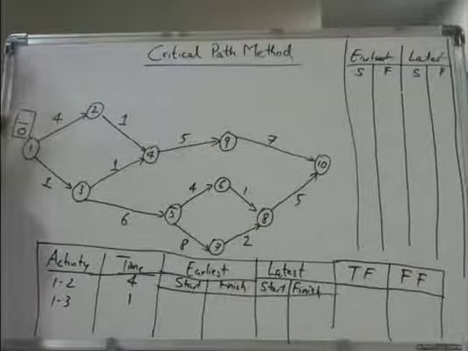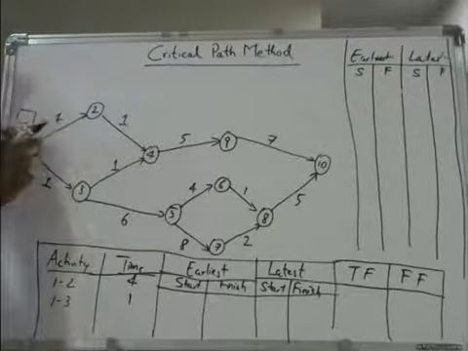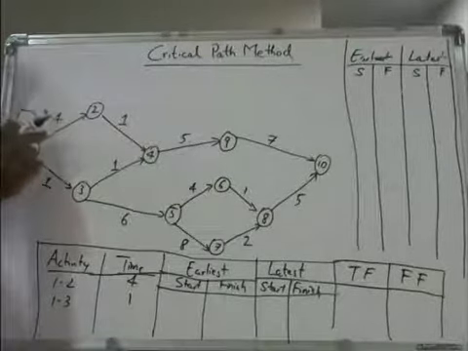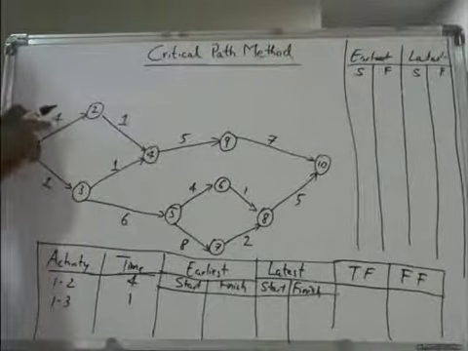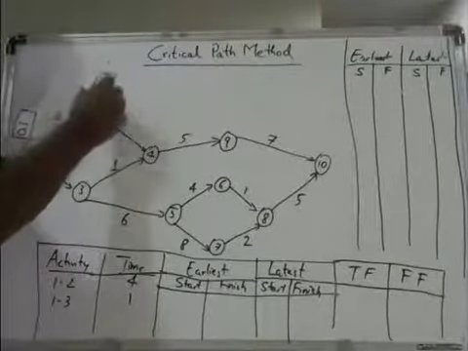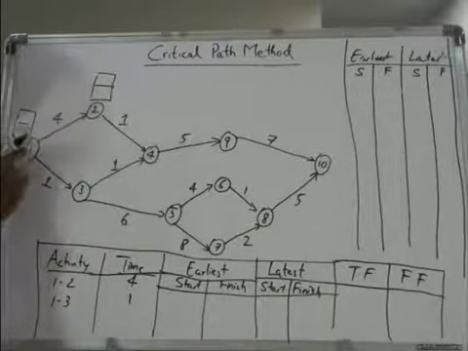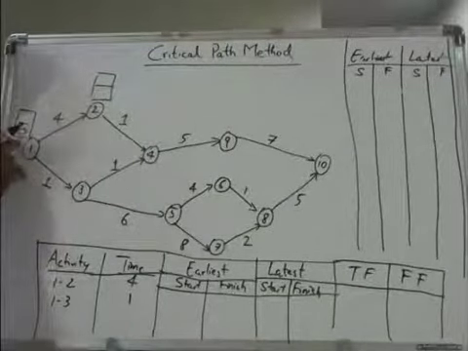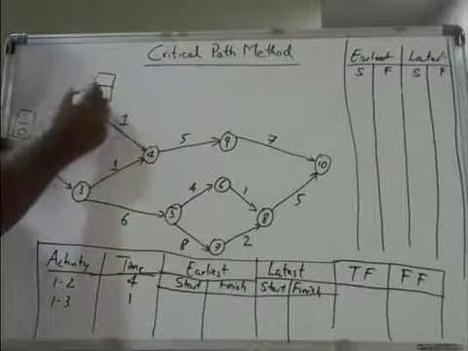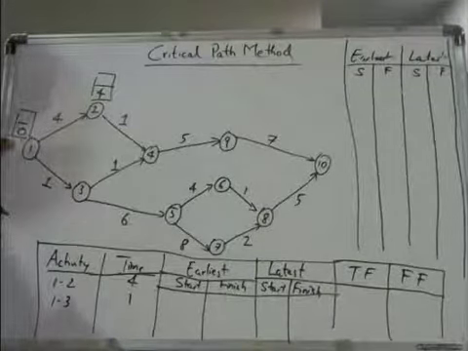From this event to this event is activity 1 to 2, which takes 4 days. When you complete 1 to 2, how much time will it take? You should write here 0 plus 4, a total of 4 days.